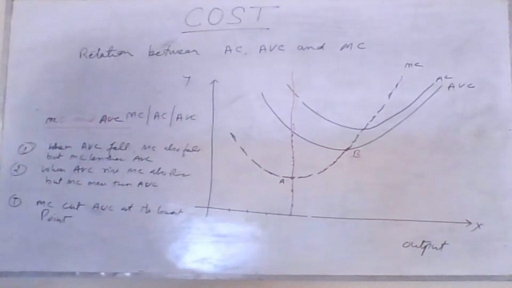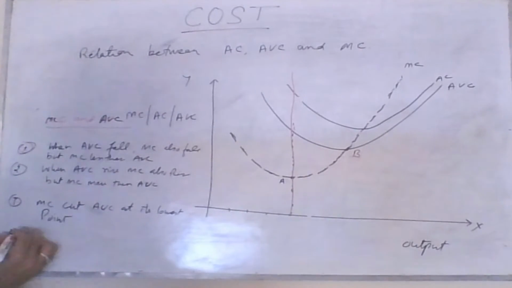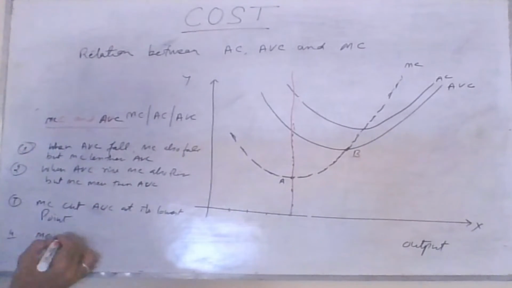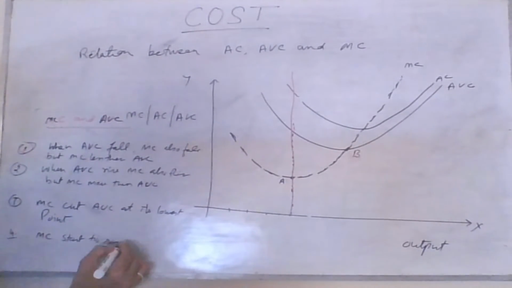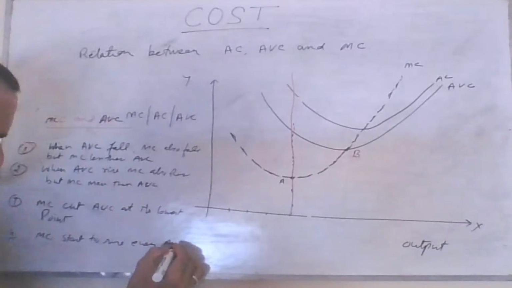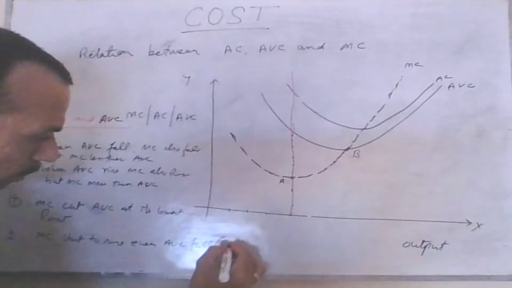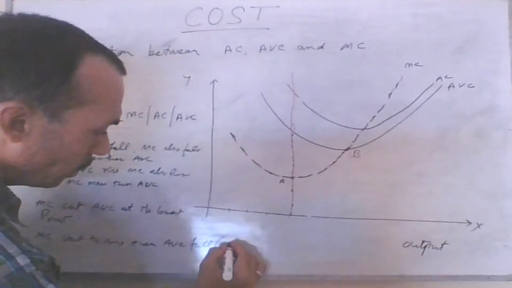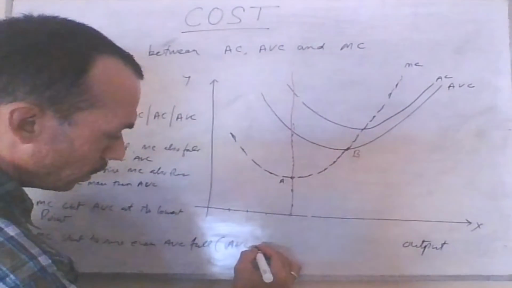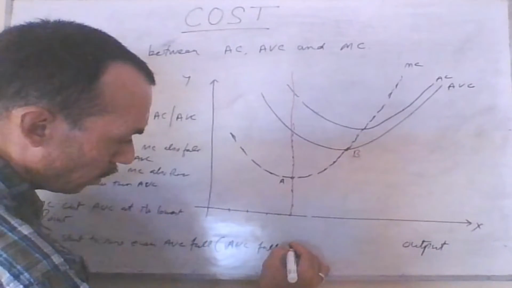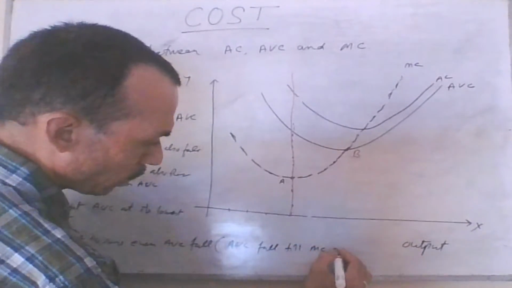The fourth point: MC starts to rise even while AVC falls. Remember, AVC falls until MC equals AVC.